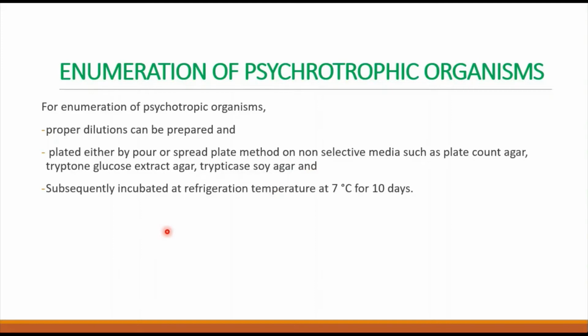Subsequently, after pouring or spreading, we have to incubate at refrigeration temperature, at 7 degrees centigrade for 10 days, and then we can count the number of colonies, that is colony forming units per ml, and find out the count of these organisms.